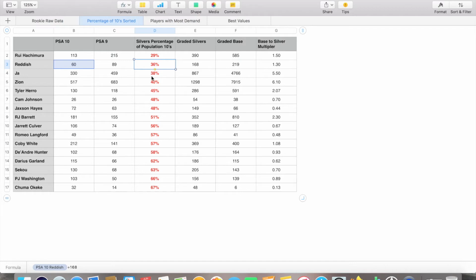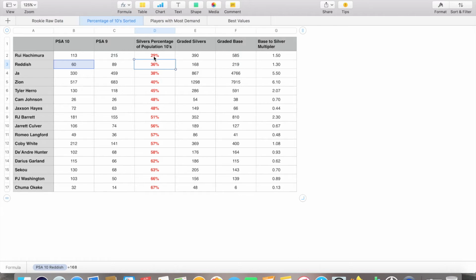Same goes for Ja and Zion, where if you submit 10 silvers, you'd be lucky to get 4 out of 10 as PSA 10s. And Rui Hachimura, if you submit 10, you'd be lucky if you got 3 come back as PSA 10s.